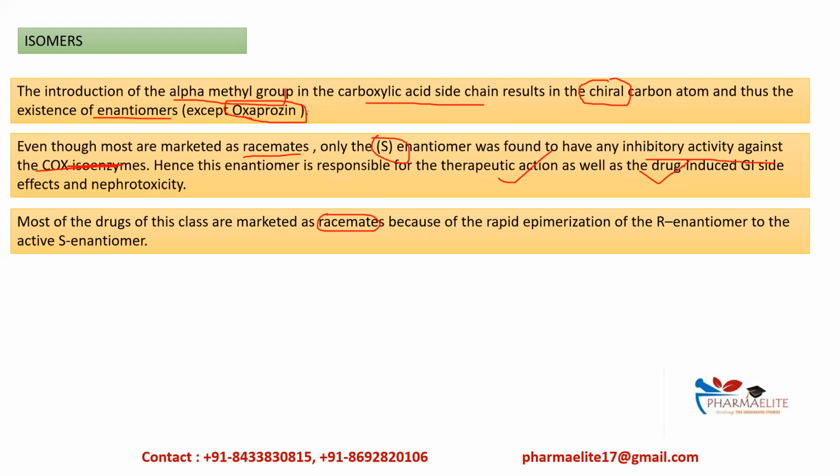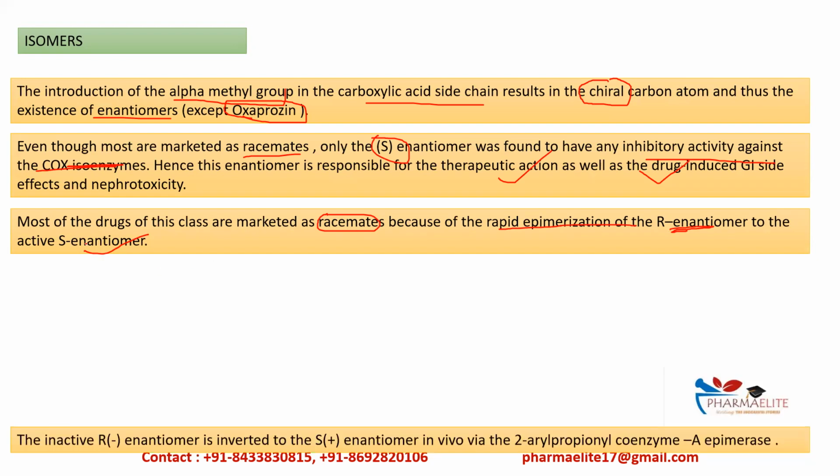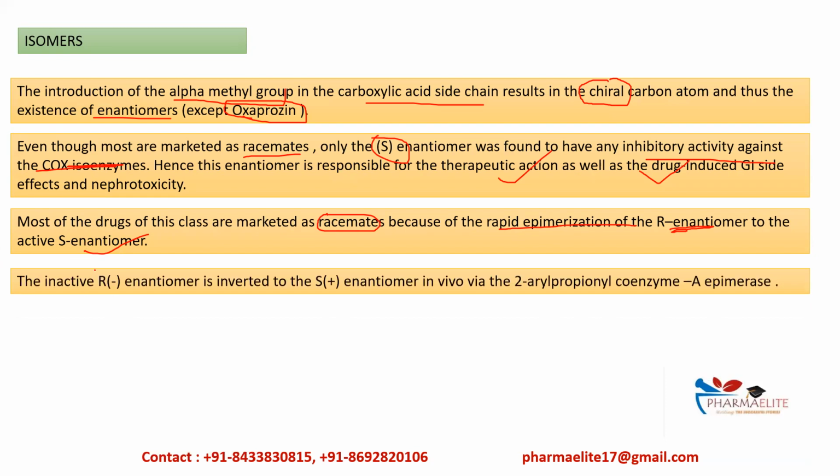Why? Because of the rapid epimerization of the inactive R enantiomer to the active S enantiomer, which has the therapeutic action. The inactive R levo enantiomer is inverted to the S dextro enantiomer in vivo via the 2-aryl propionyl coenzyme A epimerase. This is the enzyme. Remember this.